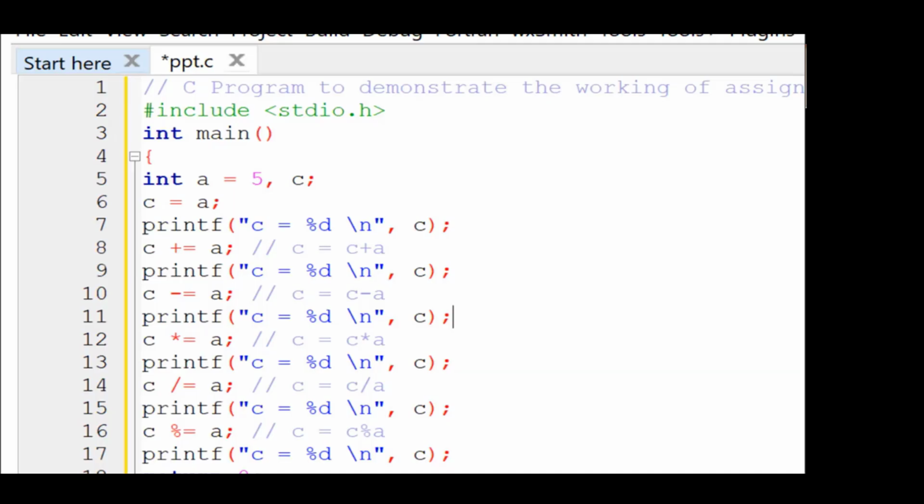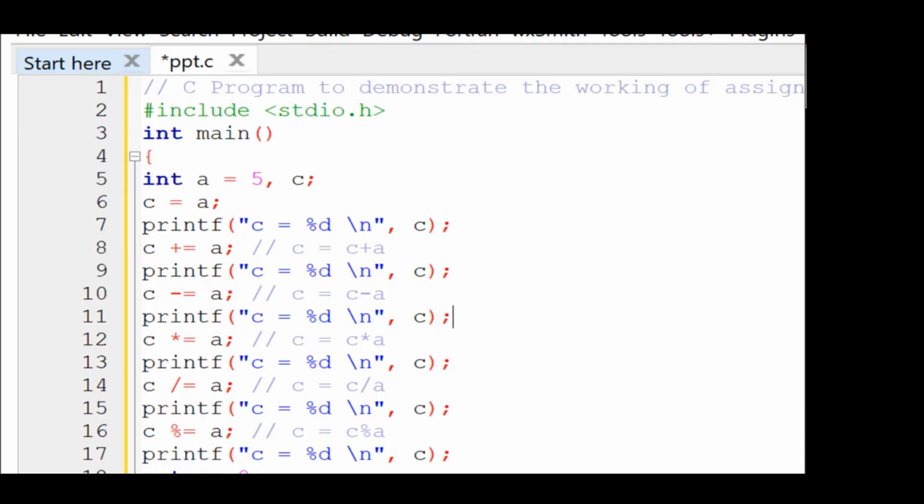Because in line 6, c is already 5, if c equals c plus a, it's going to be 5 plus 5, and that will be 10. When you take your time to execute this code using your Code::Blocks or using your mobile C coding app on your phone, you would see these values.